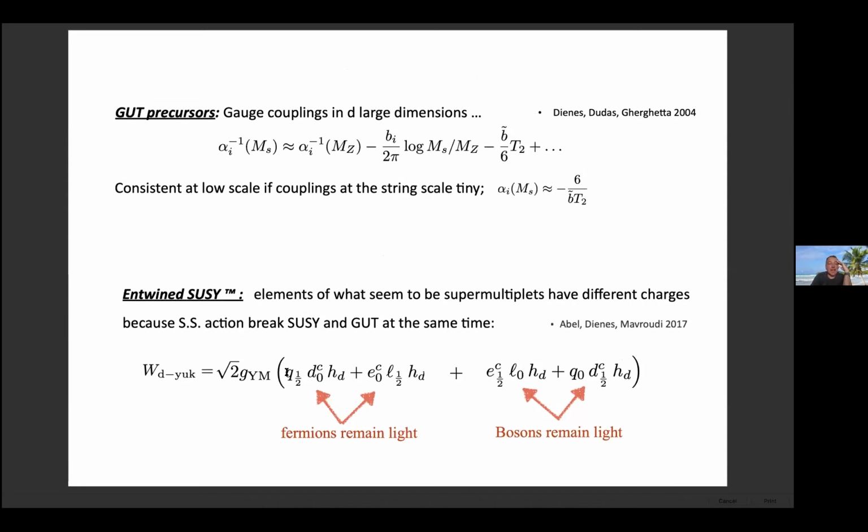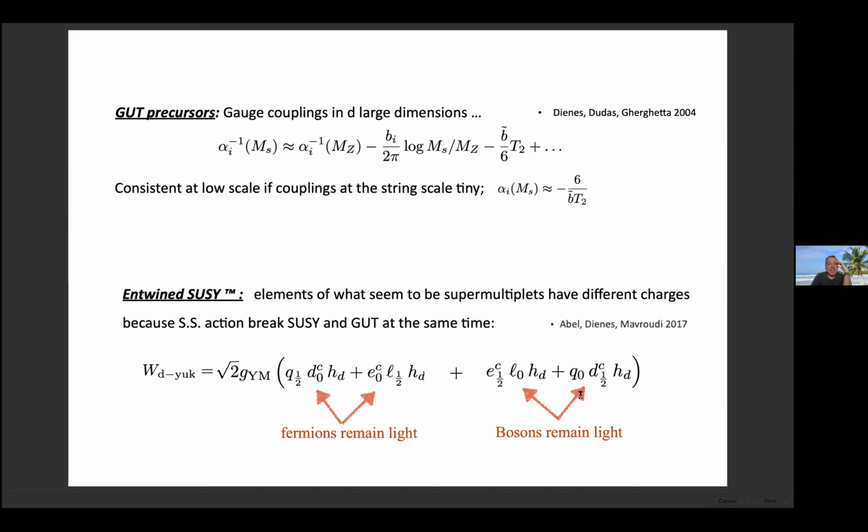But what happens is there's another charge, which is the charge associated with Scherk-Schwarz breaking. This charge tells you if the state is going to be light or not, and whether the fermions or the bosons of that supermultiplet are going to be light. So in some of these supermultiplets the fermions remain light, and in some the bosons remain light.